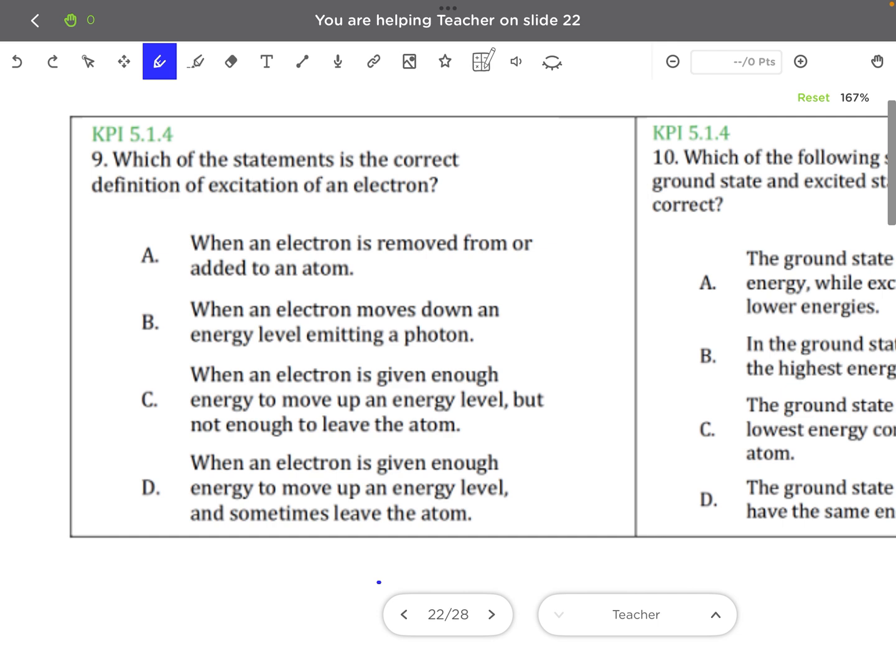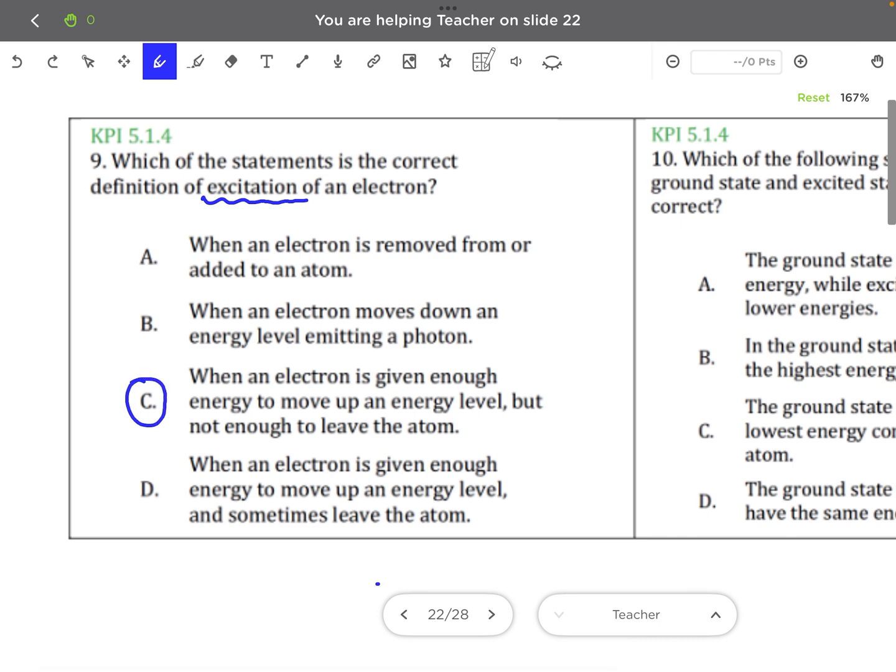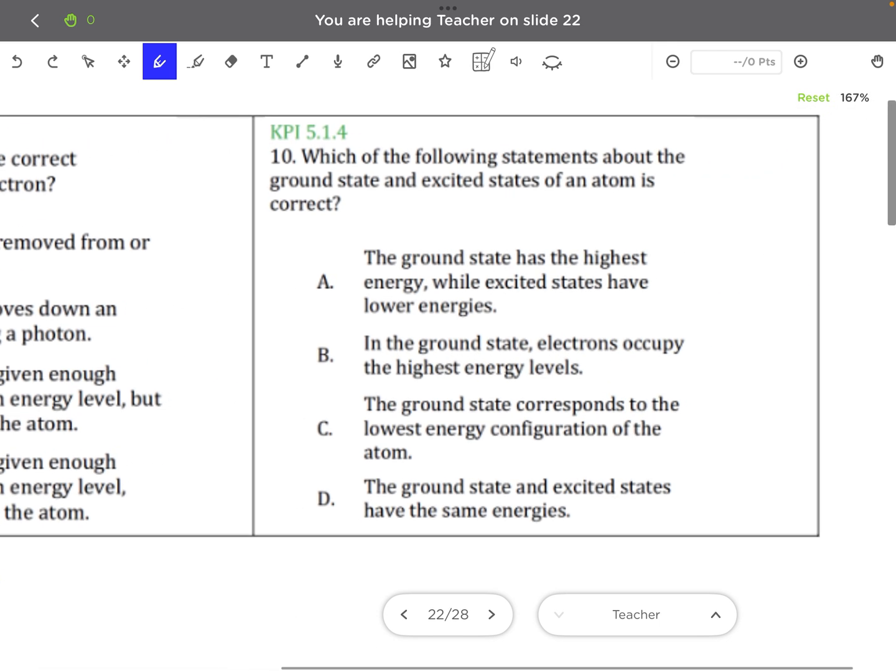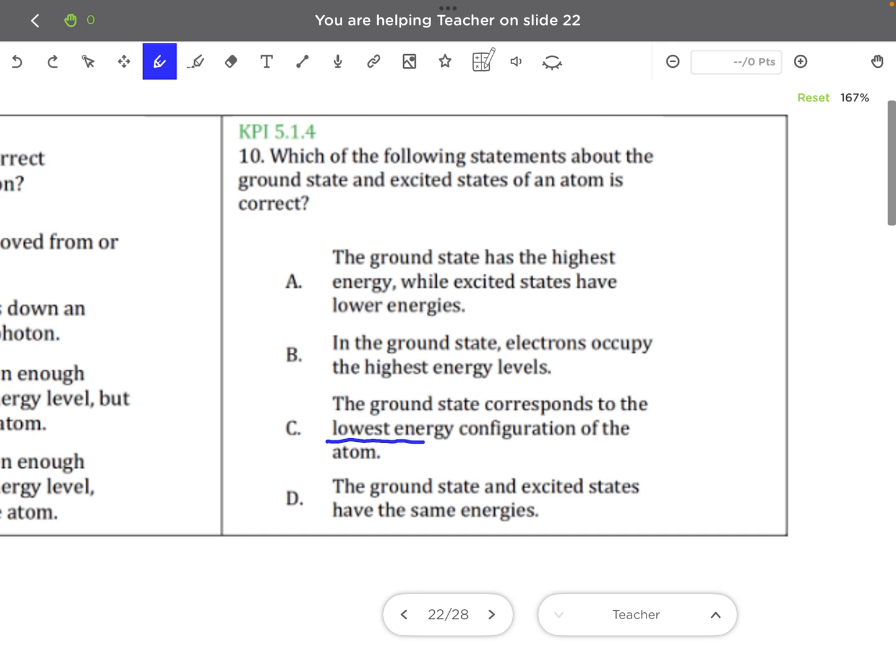Excitation is not ionization. If it leaves, it becomes ionization. So I'll take C. Which of the following statements about the ground state and excited state? We agreed that the ground state has the lowest energy level.